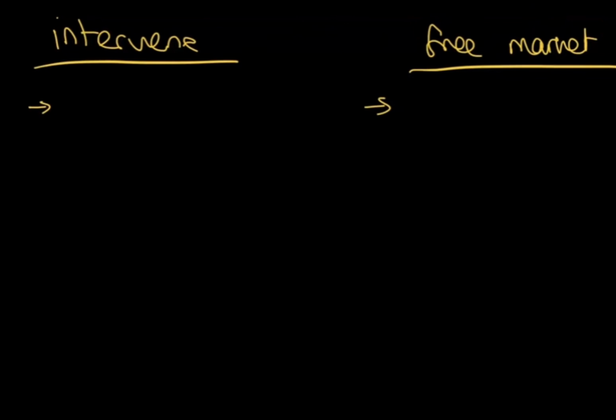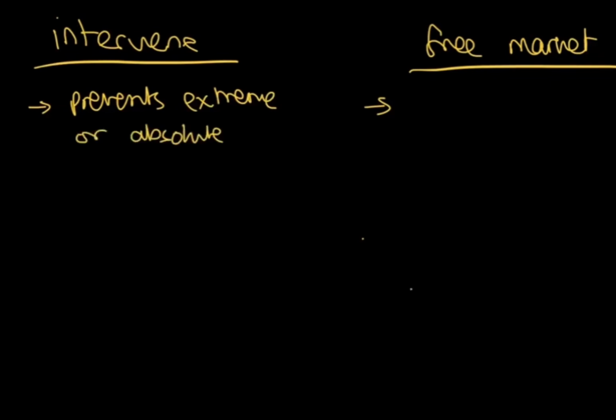So we have to intervene, because intervention prevents very bad negative externalities, prevents extreme or absolute poverty, and the negative externalities that come with that.